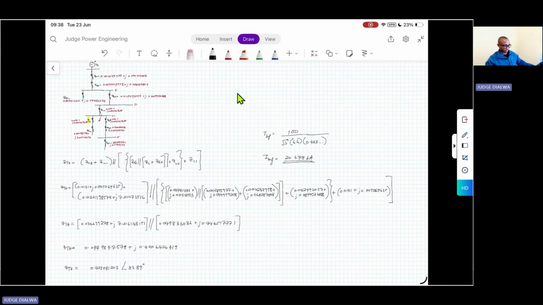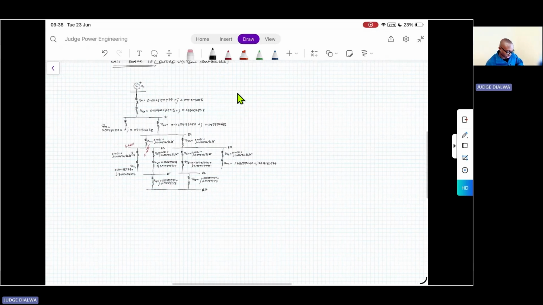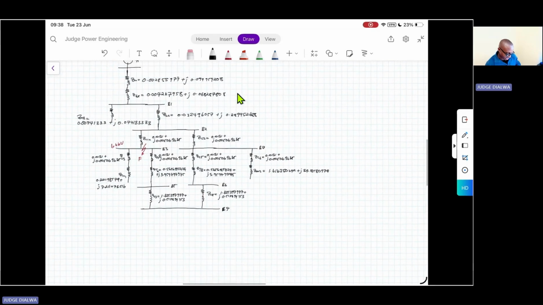Now we'll go back to our calculations and consider the last scenario, which is how we calculate the impedance of the total of the entire network of our generating unit. So now we are here.